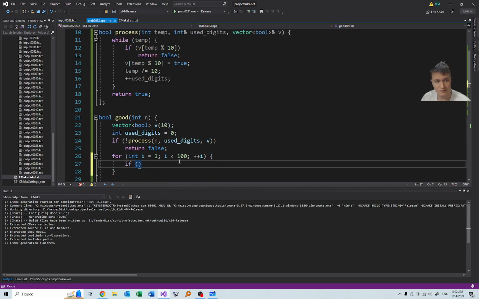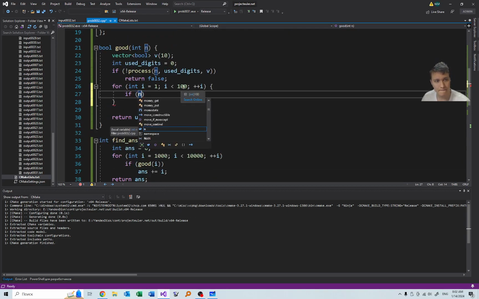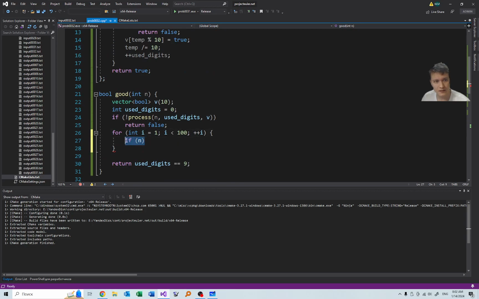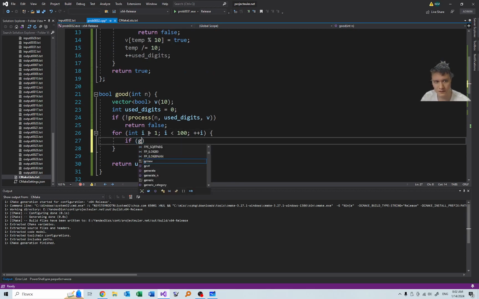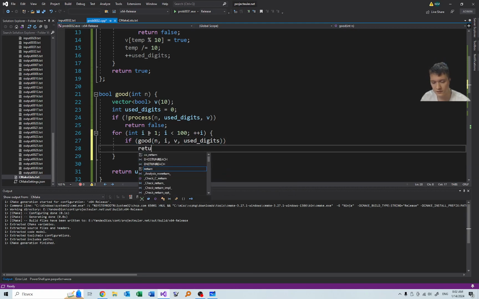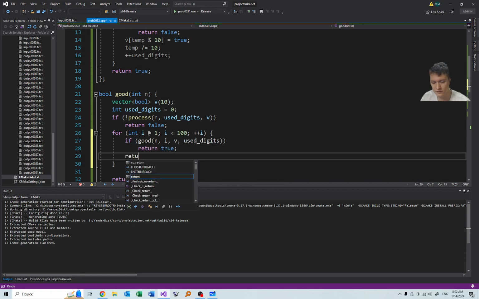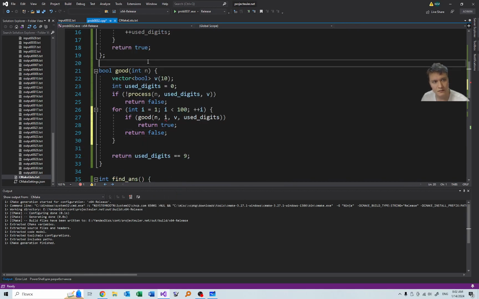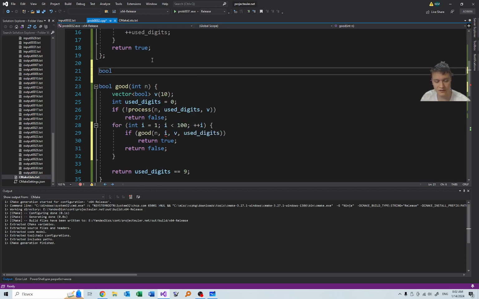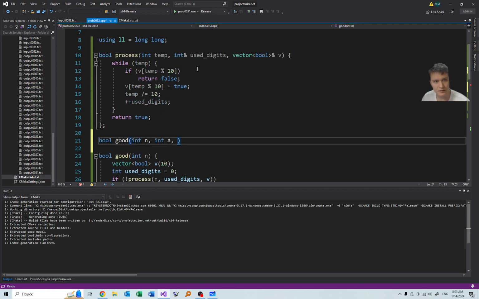So actually we say here that if it is good for n, I, v, and used digits, then we return true. Else we return false.